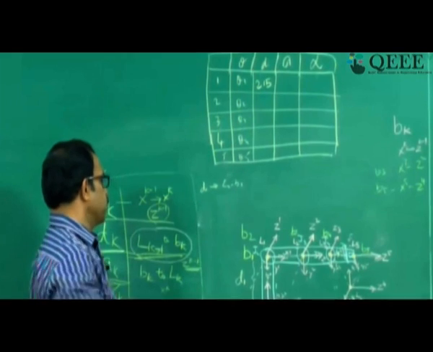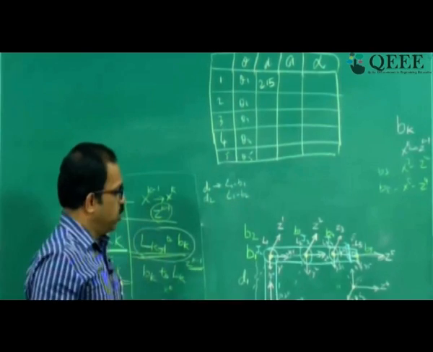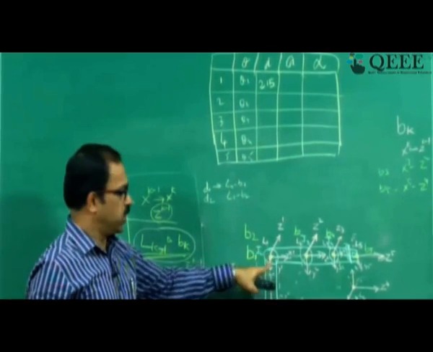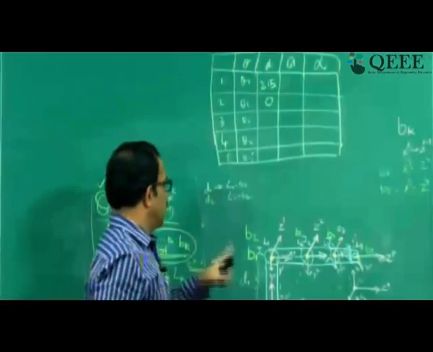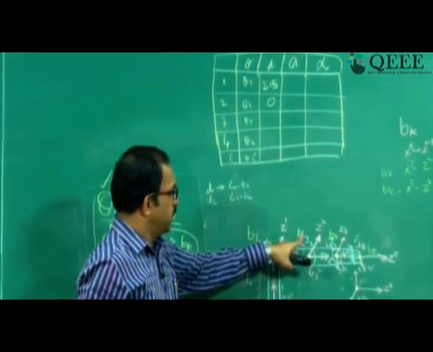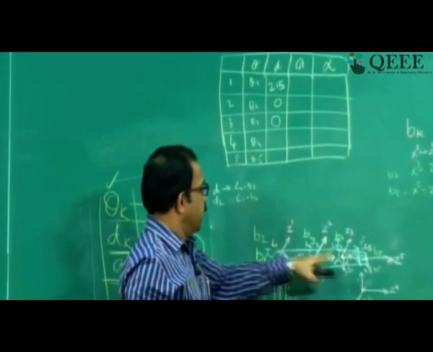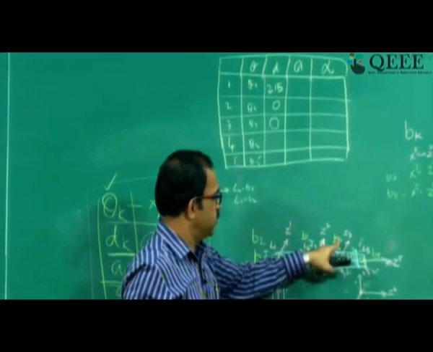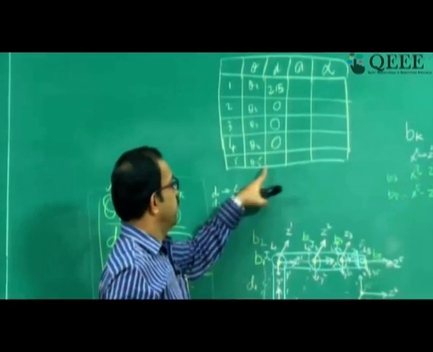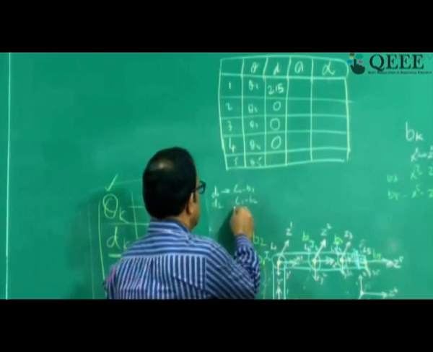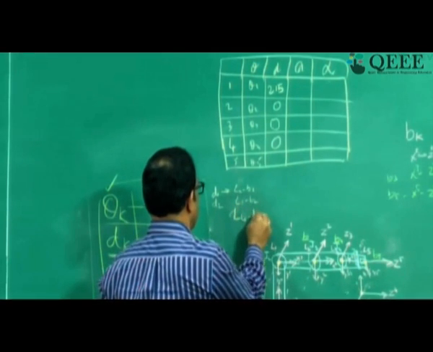Then we look at D2, which is L1 to B2. L1 is here and B2 is here, both at the same point, so this will be 0. Similarly L2 to B3, B3 is here and L2 is here, so it will be 0. Then L3 to B4 is 0. The last one is D5, which is L4 to B5.